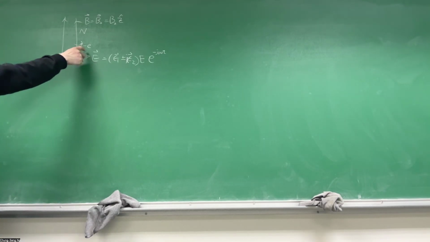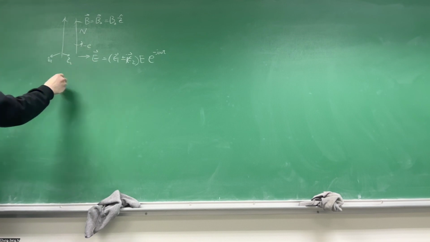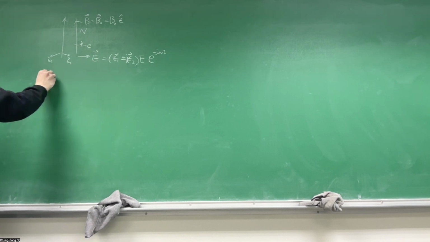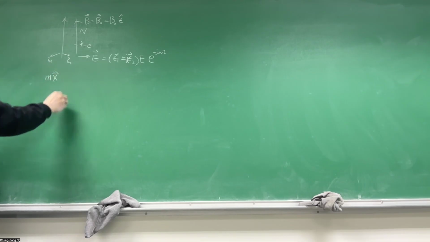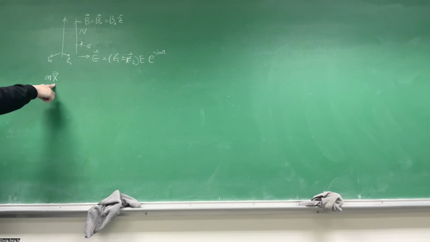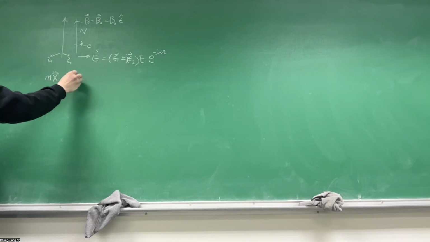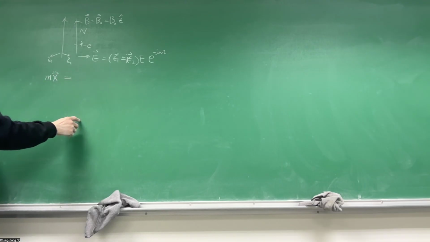You consider one electron and its equation of motion. The electron has mass m and some displacement vector x. The second time derivative is the acceleration, and that equals the force.